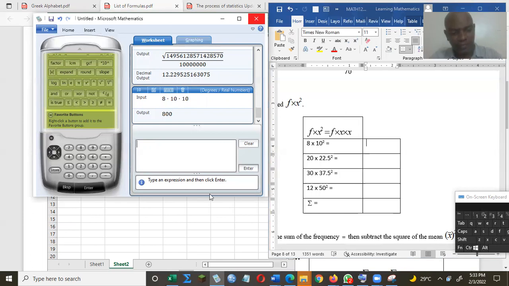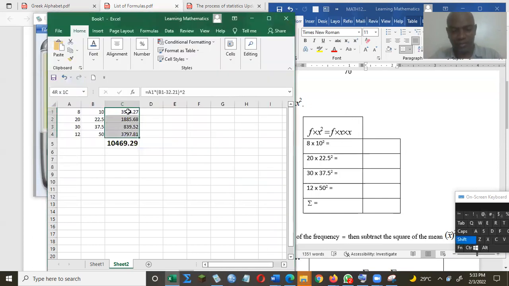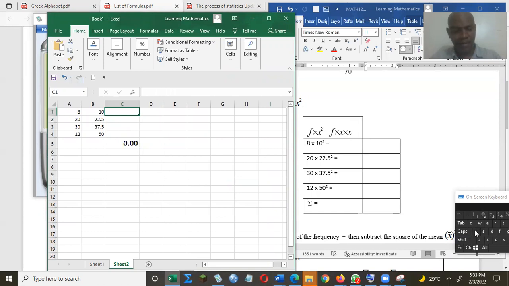However, why do this manually when we have Excel there to help us out? We can just delete this, leave the sum there because we're going to use the sum. Fx squared, equal A1, sorry, forgot to put the equal. A1, that's f. X is B1 all squared, fx squared, 800.